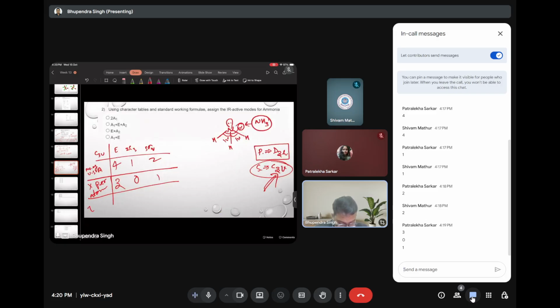So tau total will be 12, 0 and 2. This is your reducible. Now we have to find the irreducible. We have to break this into irreducible representations. Then we will be able to find the IR active and Raman active modes.